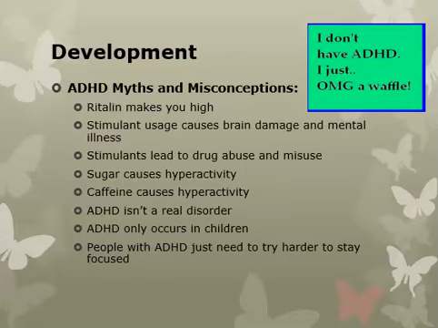It is not accurate. An IQ test cannot be accurate if the person can't pay attention to the questions. All right? Just because they have ADD or ADHD does not mean they are not intelligent. It has nothing to do with that.